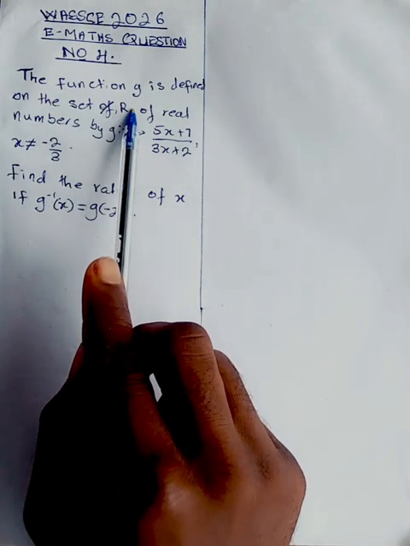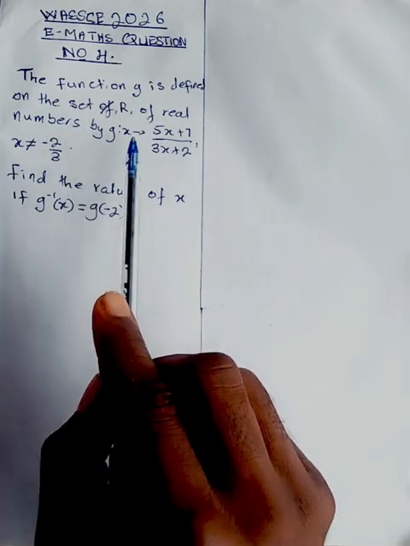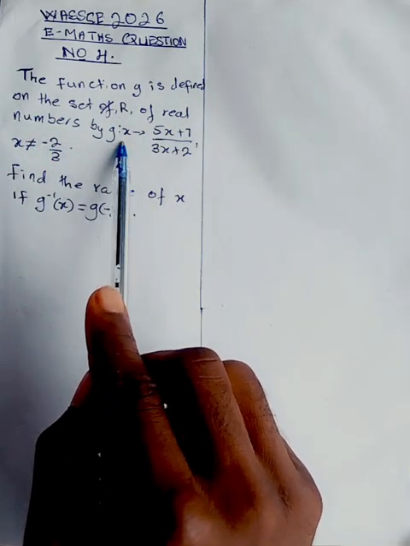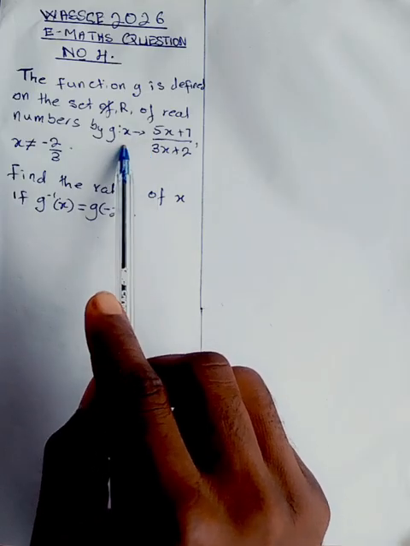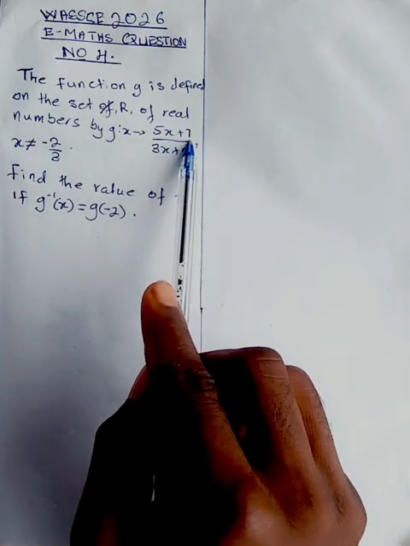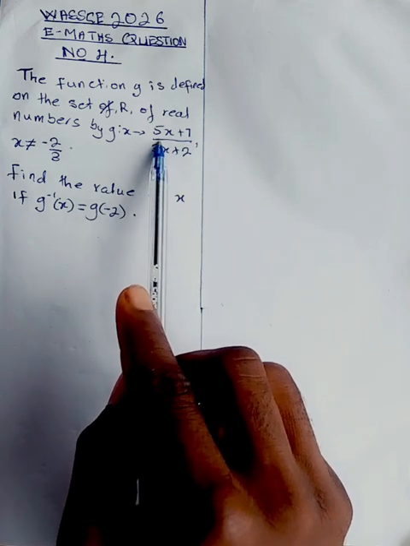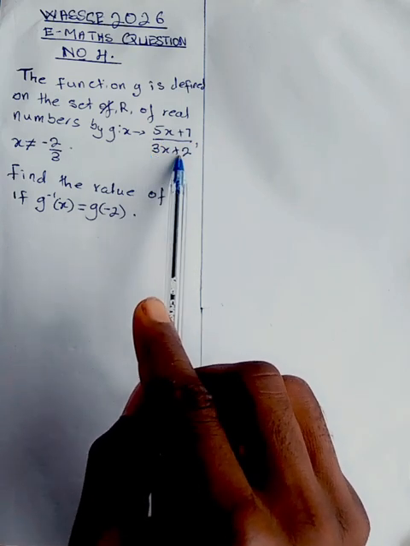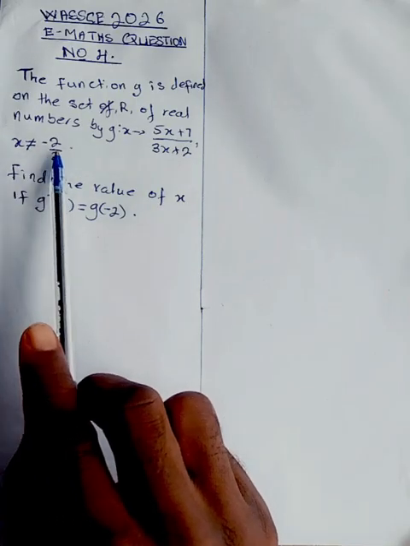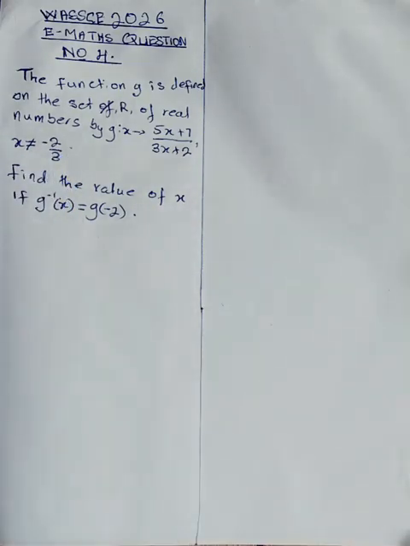The function g is defined on the set R of real numbers by g of s equal to (5s plus 7) divided by (3s plus 2), where we are given a condition that s is not equal to negative 2 over 3.